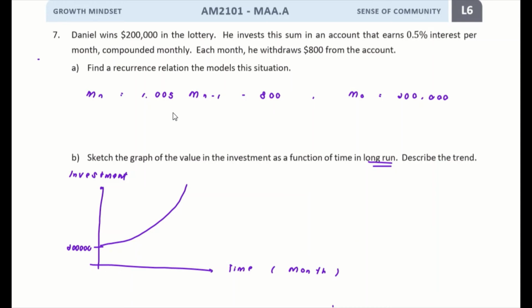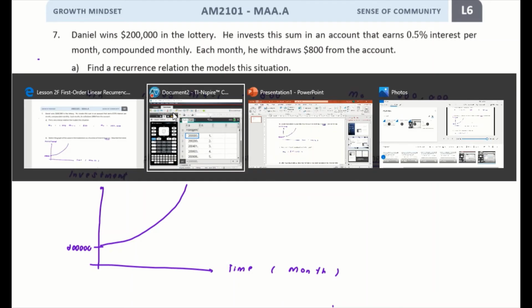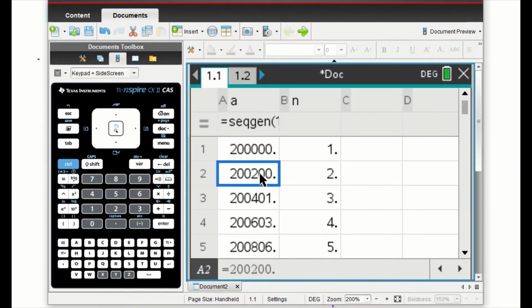So it's the same thing when we look at the sequence that we have. You see the difference between the months, from here to here it's like 200, from here to here is like 201 and so on. So you might say that the difference between the money for each month is going to be interest. Is that correct?